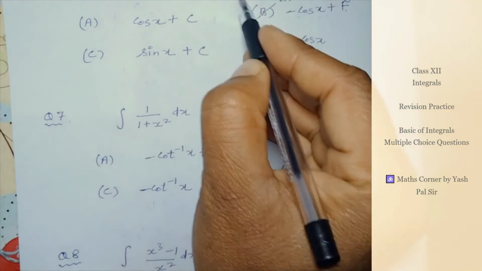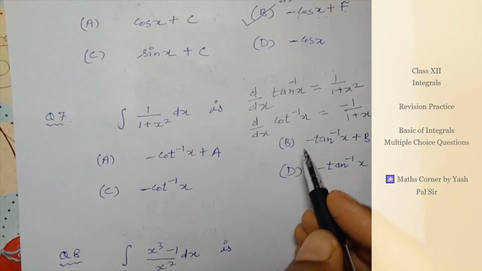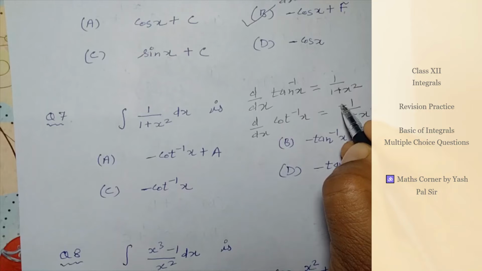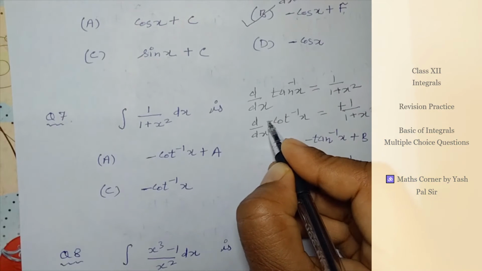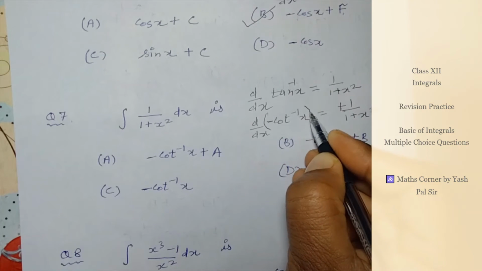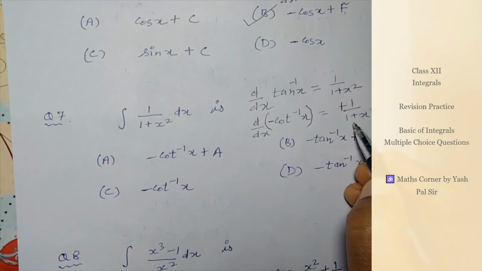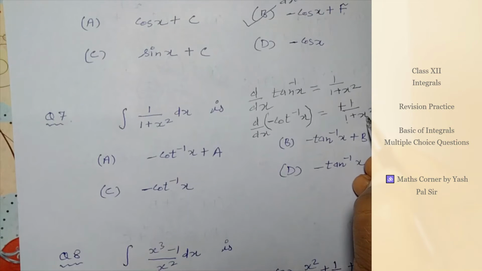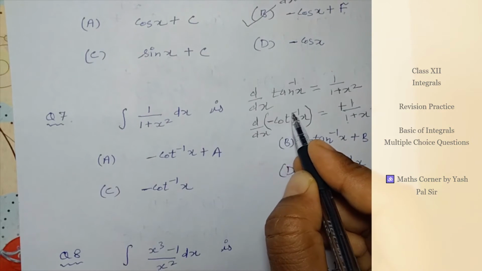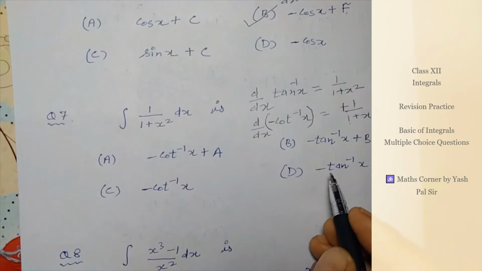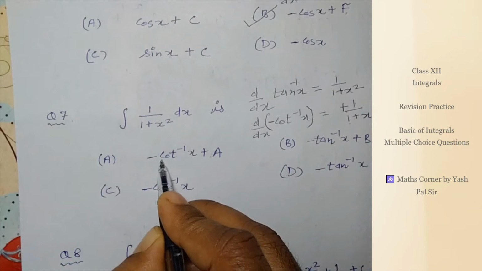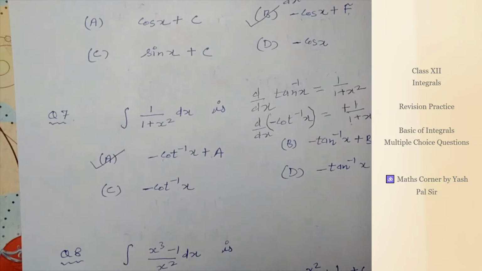Likewise in question number 6 above, here we take this plus, then this becomes minus. Therefore, integration of 1 upon 1 plus x square is minus cotangent inverse x plus constant of integration. That is, option number A is the right choice.